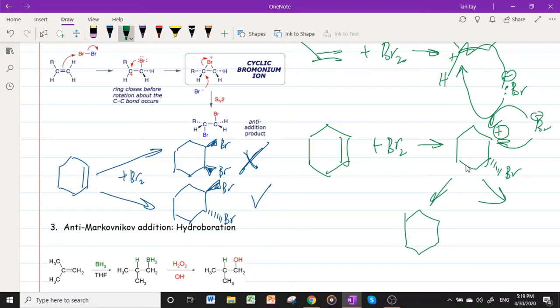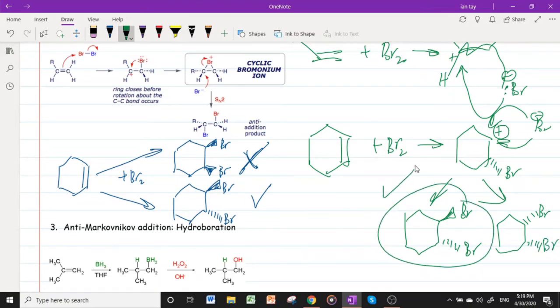If this mechanism were correct, we would get both the anti-addition product and the syn addition product. However, this is not true. We observe that only the anti-addition product is actually observed, or the syn addition product is in very minute quantities and in fact is not observed.